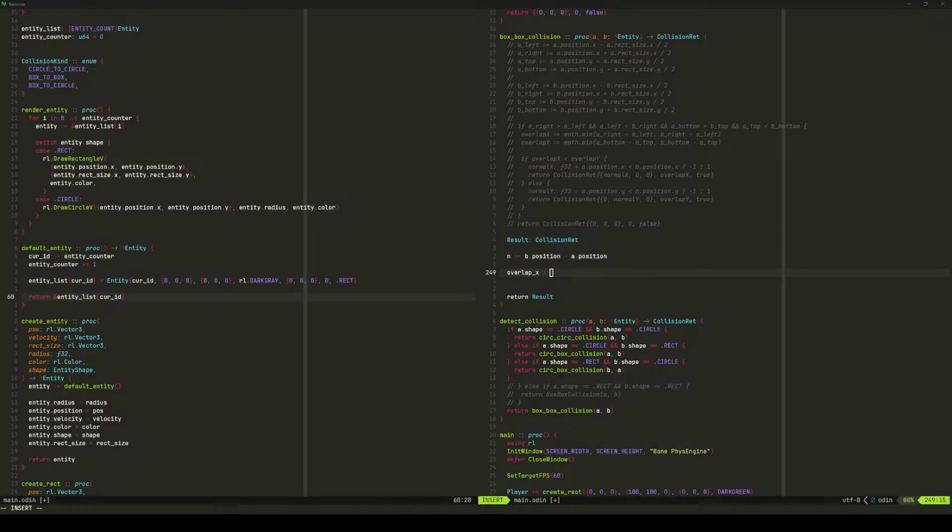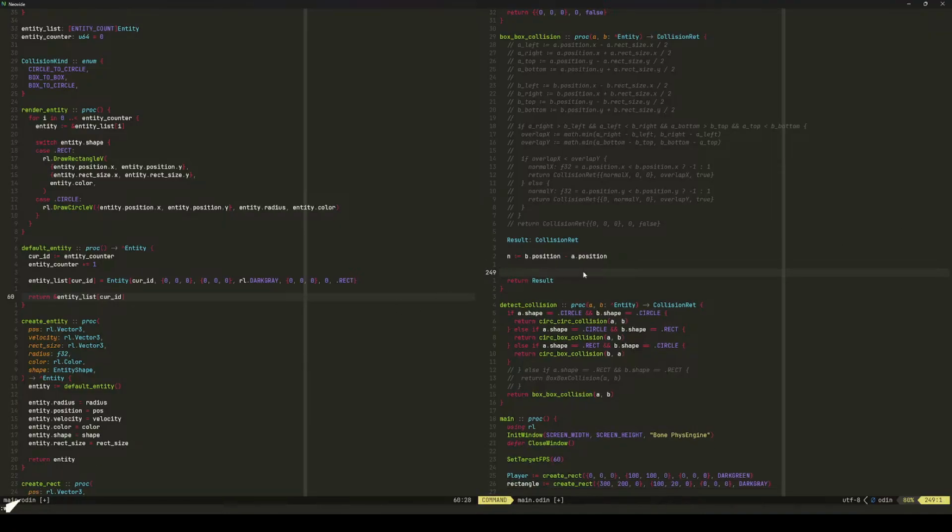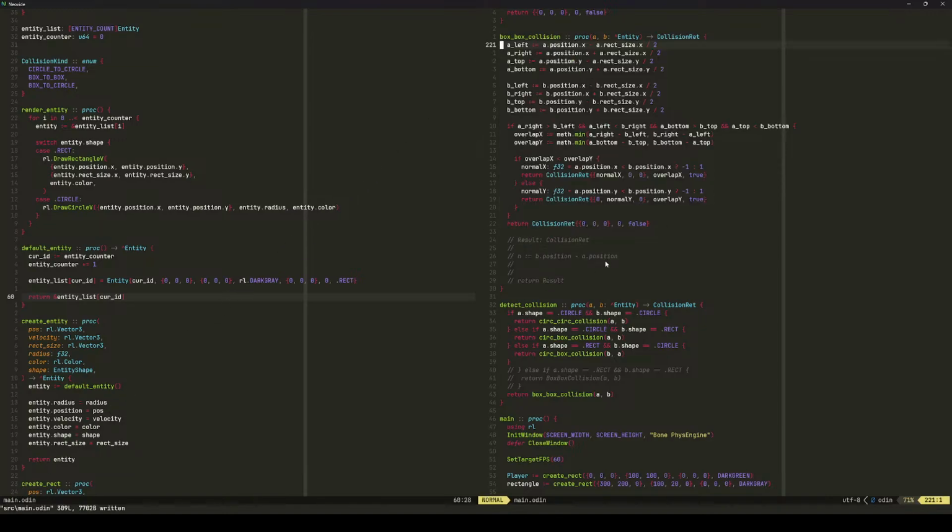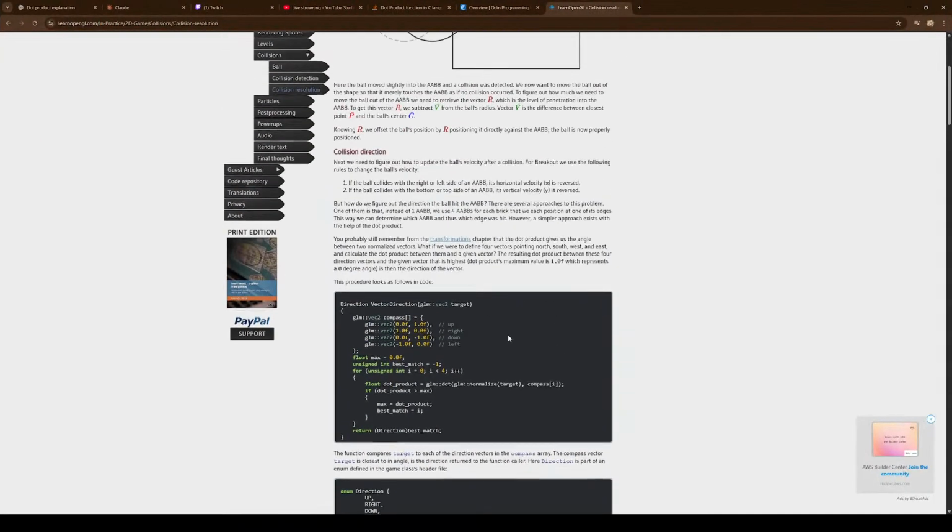Something is wrong. Don't know what it is though. Collision. Rusty old OpenGL.